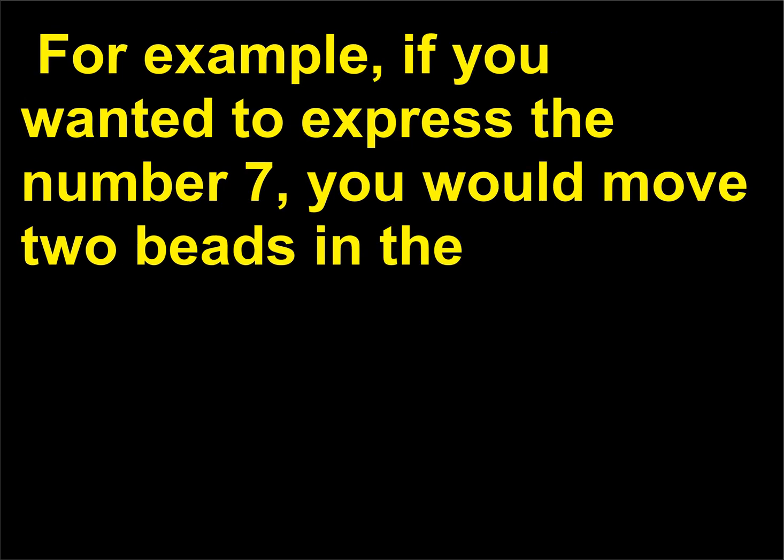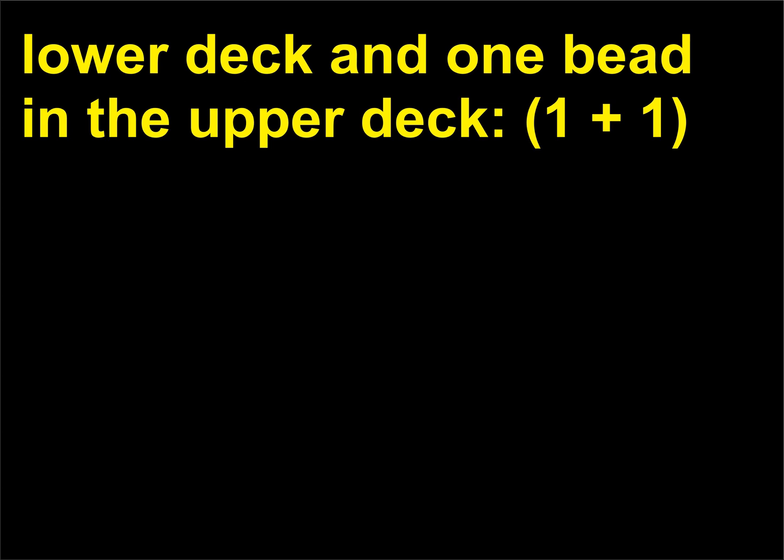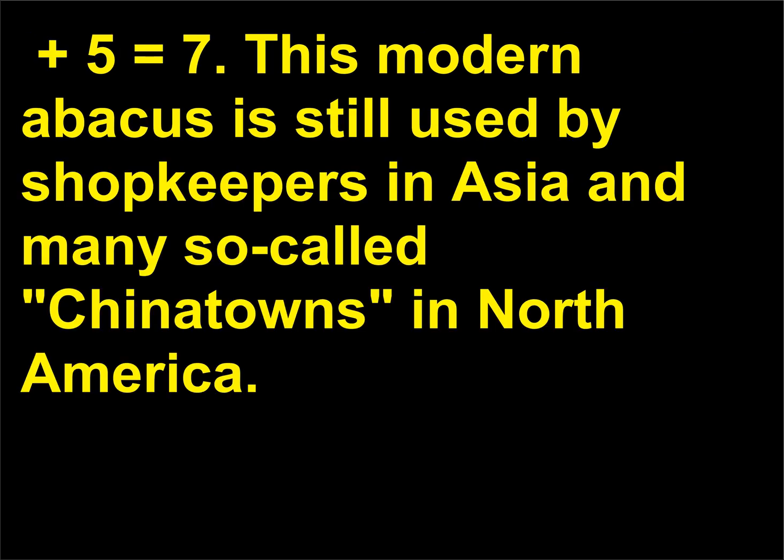For example, if you wanted to express the number 7, you would move 2 beads in the lower deck and 1 bead in the upper deck. 1 plus 1 plus 5 equals 7. This modern abacus is still used by shopkeepers in Asia and many so-called Chinatowns in North America.